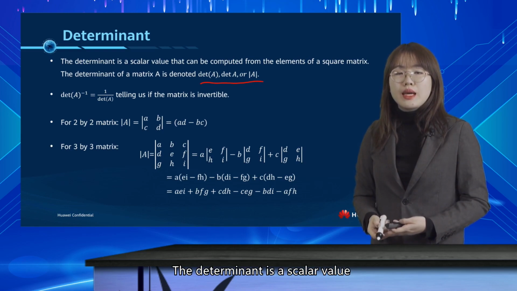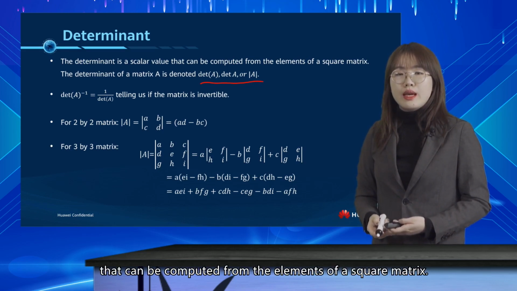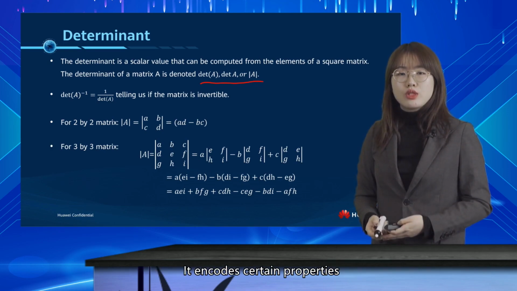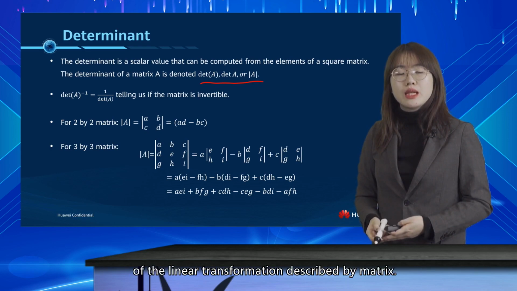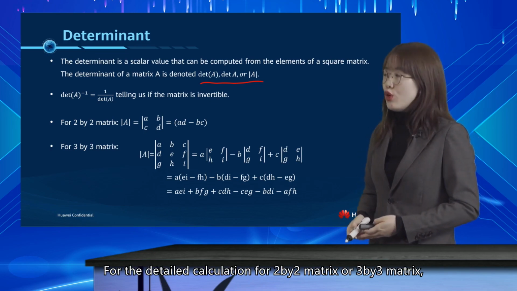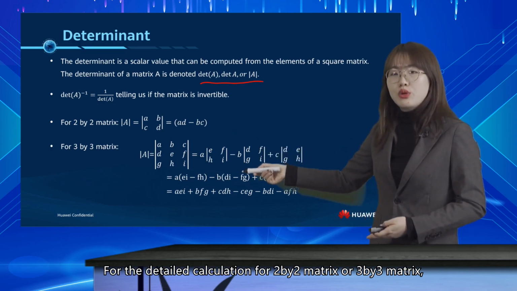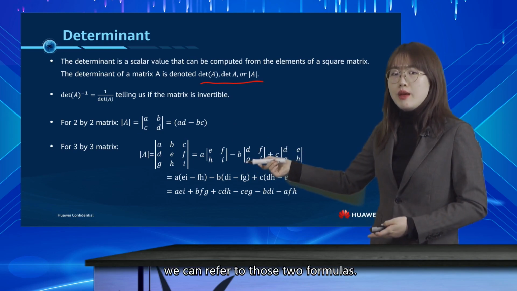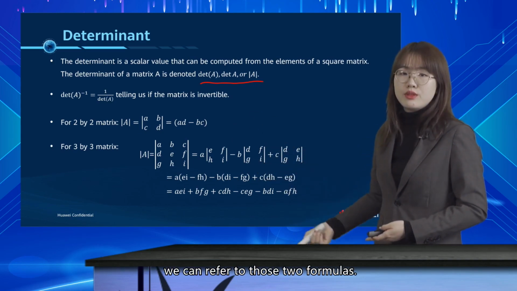The determinant is a scalar value that can be computed from the elements of a square matrix. It encodes certain properties of the linear transformation described by the matrix. For the detailed calculation for a 2x2 or 3x3 matrix, we can refer to those two formulas.